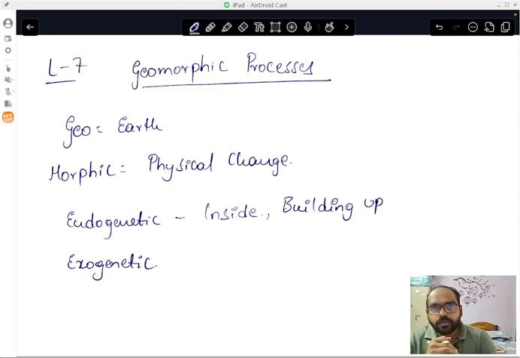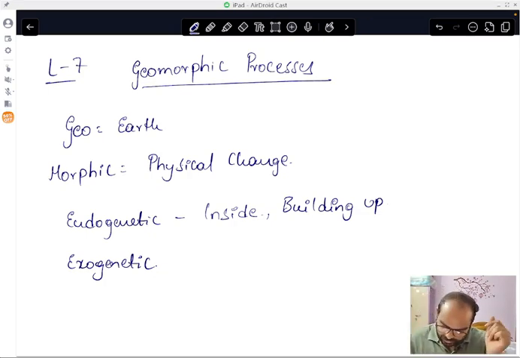These forces help in building up of new crust. So, building up of continents happens through endogenetic processes. The forces responsible for endogenetic processes are convection currents inside the earth.